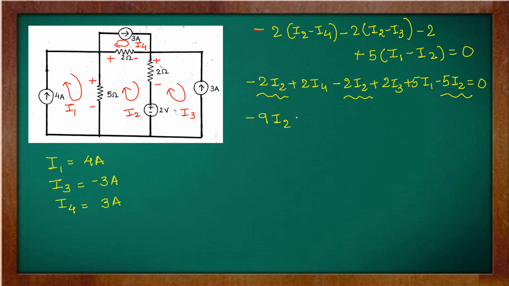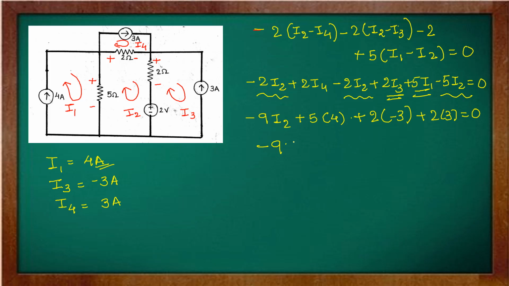Then 5I1, and we know the value of I1 is 4 ampere. Then 2I3, which is minus 3, then plus 2 times I4, which is 3, equal to 0.